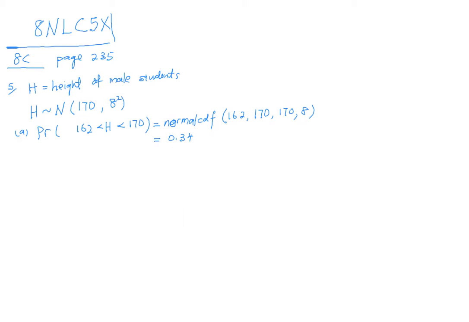0.3413. Yep. Okay, so if we approximate, we'll put 0.341. Okay, why we don't know? The reason is because if you look at page 234, 234 is a general true facts about any normal distribution.